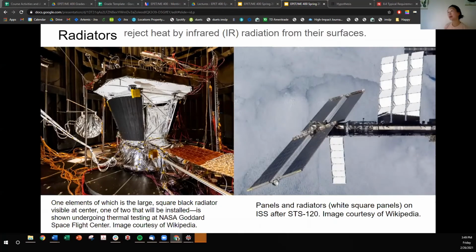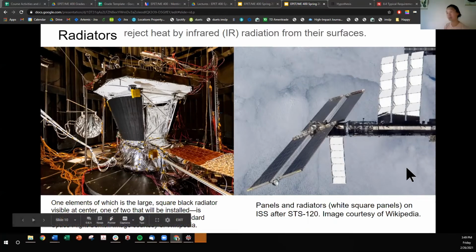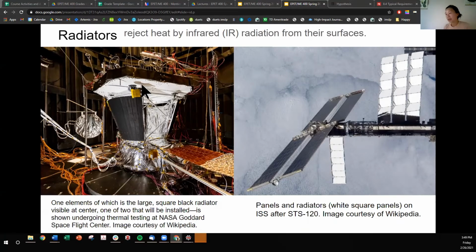Radiators. I just talked about radiators in the last slide, but to reiterate and go more in depth, radiators reject heat by radiating from their surfaces. There are two colored radiators on display here. There is a black radiator, which is being installed at the NASA Goddard Space Flight Center. There are also these white coated radiators on the ISS.